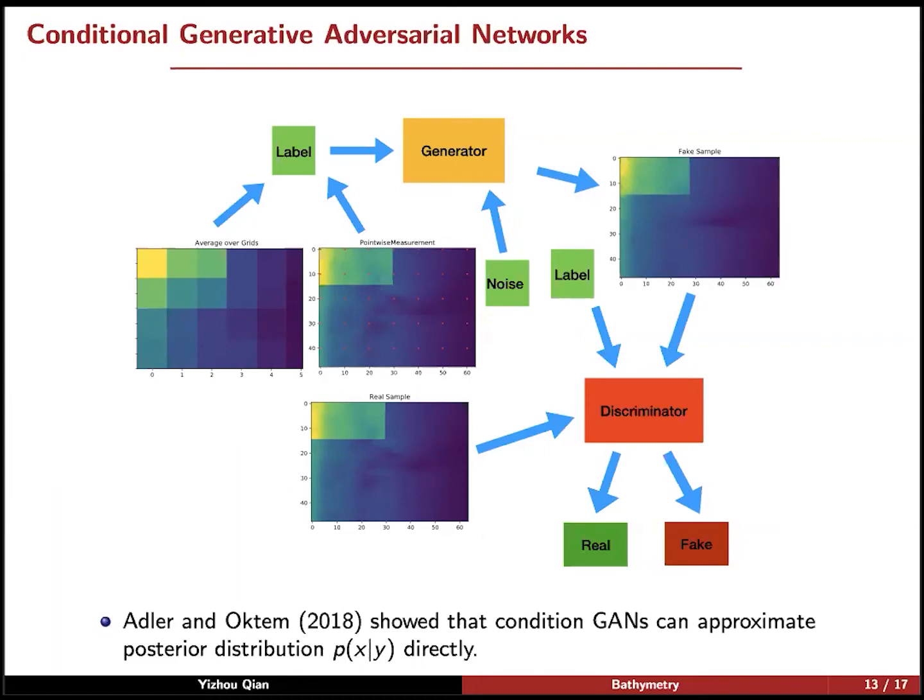The discriminator takes these fake samples generated by our generator along with the real samples, to try to discriminate which one is real and which one is fake. We train these two neural networks, the generator and the discriminator, in an adversarial manner, so that eventually we hope the generator will generate samples that are as close to our real samples as possible.